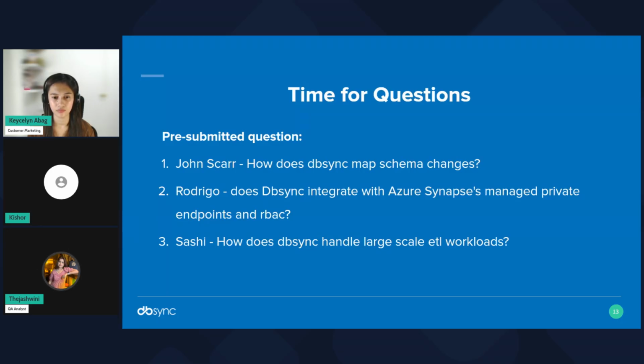We can get some more info from the dev and send out a document for that. But DBSync automatically adapts to changes in the source schema. Basically, it will compare the schema with the target. If there are any changes, they will be handled automatically and updated without any manual effort. It has that intelligence to adapt to changes in the source schema.